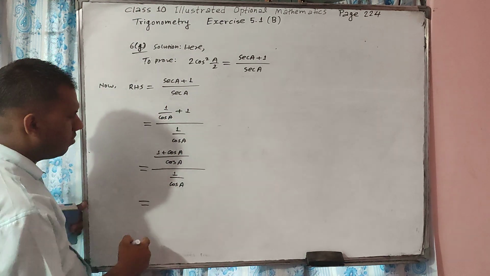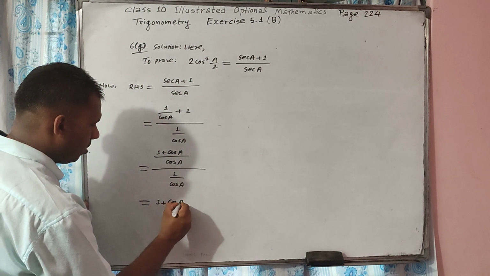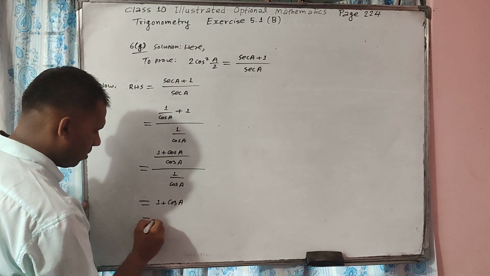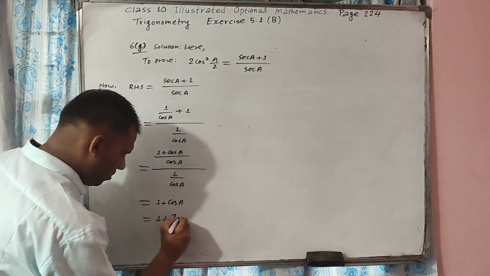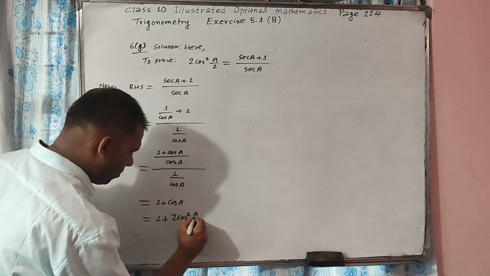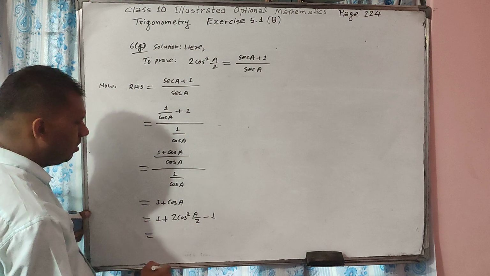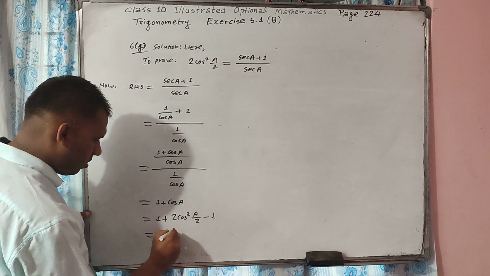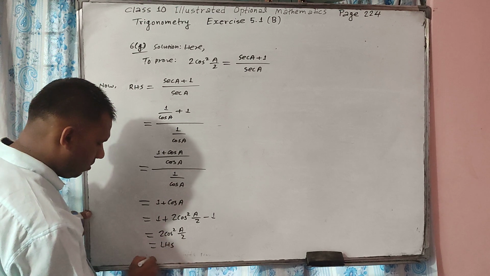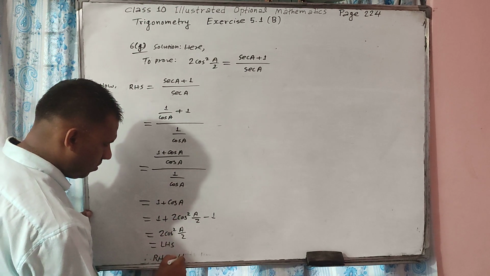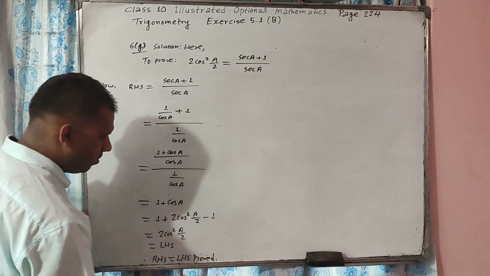The cos a cancels out, remaining 1 plus cos a upon 1, that is 1 plus cos a. 1 plus cos a in half angle form is 2 cos square a by 2 minus 1 plus 1. The 1 cancels out, remaining 2 cos square a by 2, that is LHS. Therefore RHS equal to LHS. So proved.